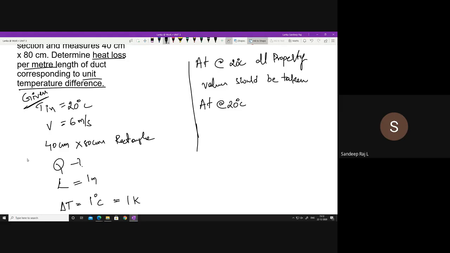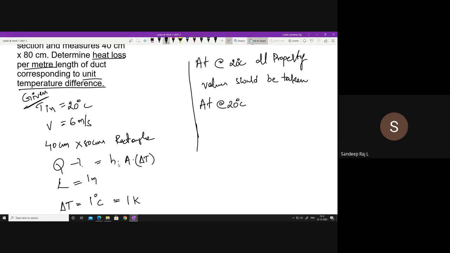What is the formula for finding Q? Q is equal to HA delta T every time. In case of any given convection problem, HA delta T you have to use.